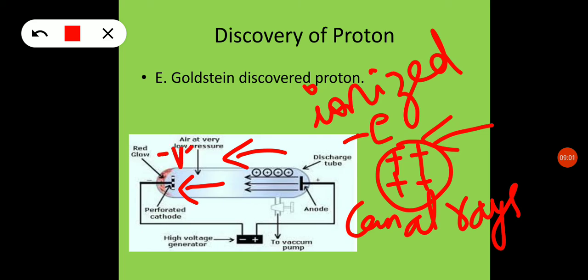The cathode is negative, so the positively charged particles were moving towards the cathode. As these particles possess positive charge, they were named protons. The positively charged particles are known as protons. This is how the proton was discovered.